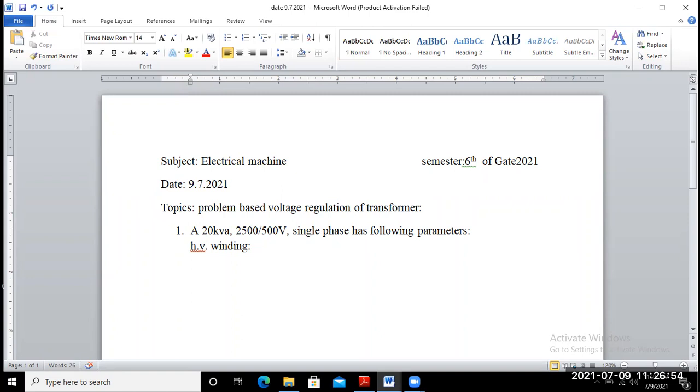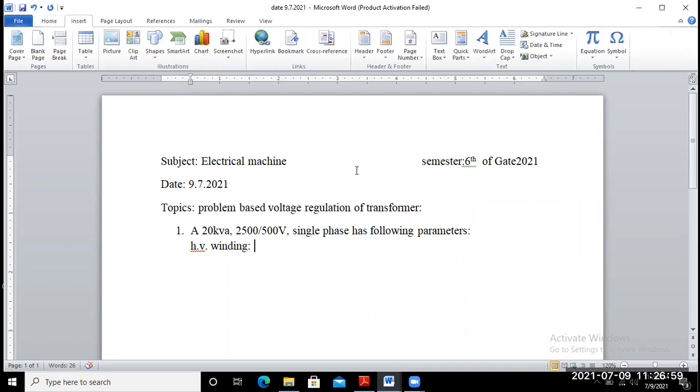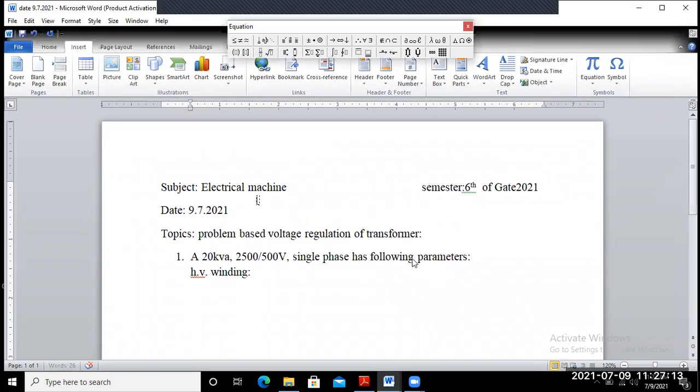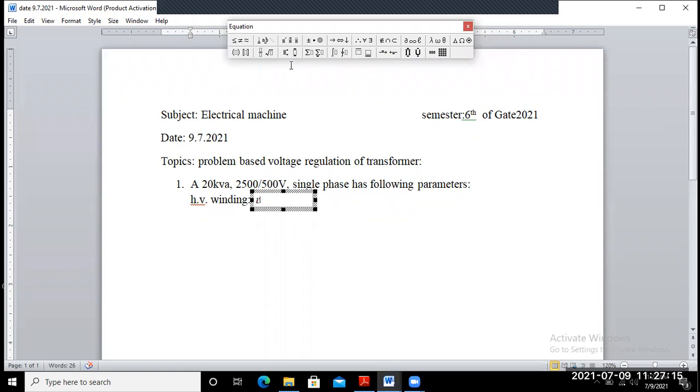So the HV side winding resistance is represented by R1 and reactance by X1. So R1 and X1 are given to you as 8 ohm and 17 ohm respectively. R1 equal to 8 ohm and X1 equal to 17 ohm.